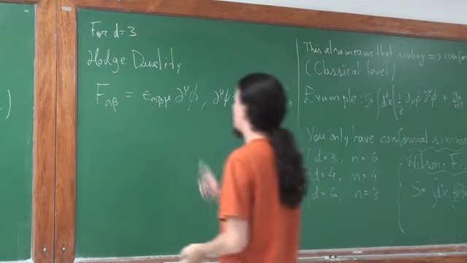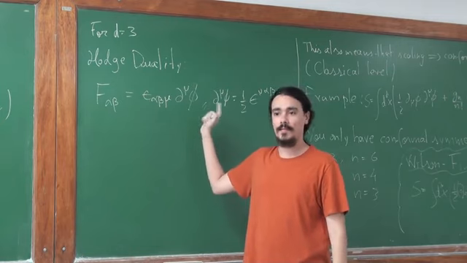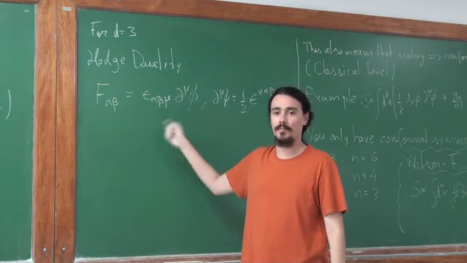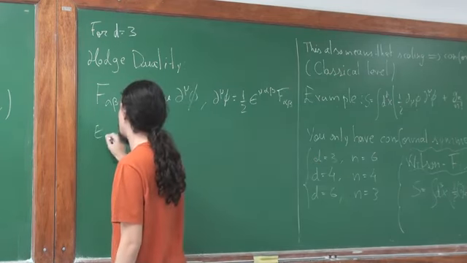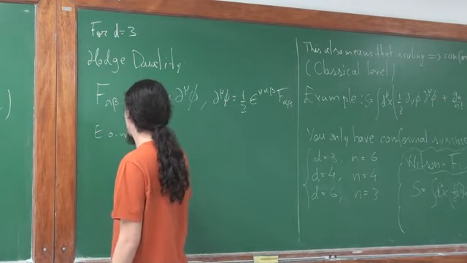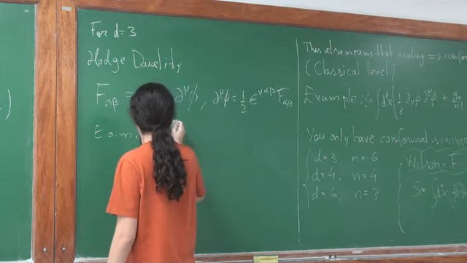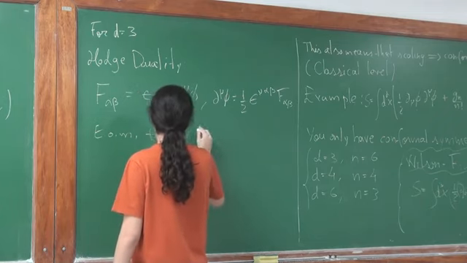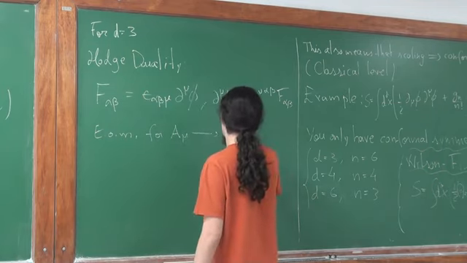Okay, everyone has seen this before? Well, basically what happens is that the equation of motion for A mu becomes an identity.